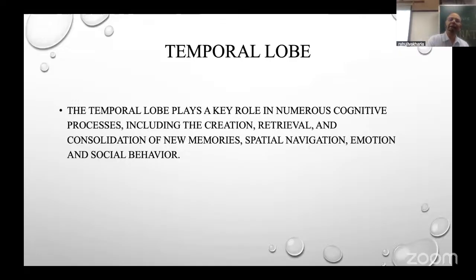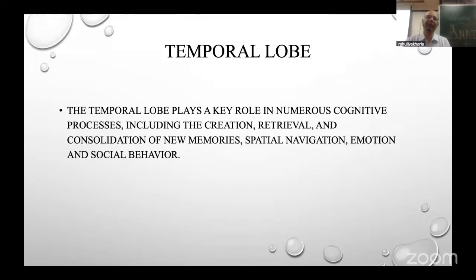Hippocampus and limbic system are part of the temporal lobes. To understand the anatomy, we first need to understand the function, what it does, and then we'll go to a little bit of the anatomy of the temporal lobe proper, and then go dedicatedly to the hippocampus and the limbic system.